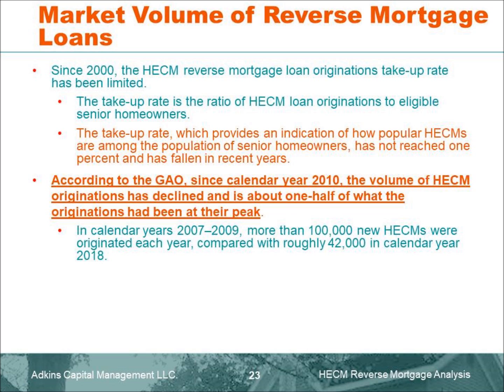According to the GAO, since calendar year 2010, the volume of HECM originations has declined and is about one half of what the originations had been at their peak. In calendar years 2007 through 2009, more than 100,000 new HECMs were originated each year, compared with roughly 42,000 in calendar year 2018.